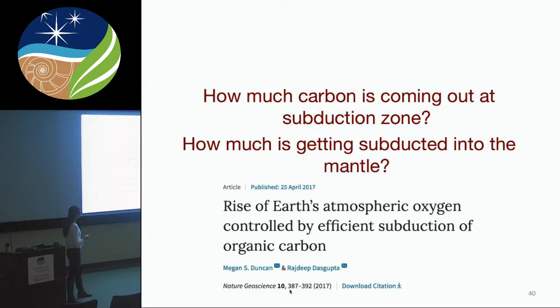This is a recent paper by Megan Duncan and Rajdeep Dasgupta. That's always a difficult name. It's 'The rise of Earth's atmospheric oxygen controlled by efficient subduction of organic carbon.' So maybe over time, the subduction efficiency has changed, and that's really interesting because it affects how you get life.